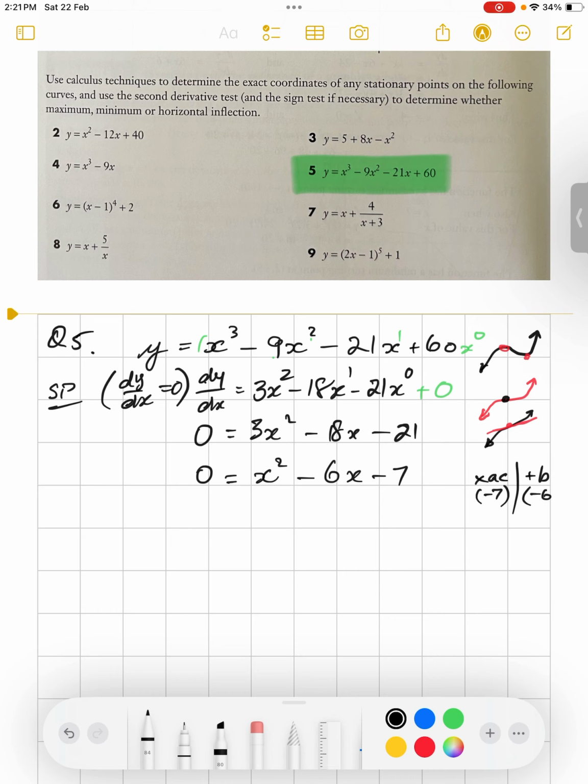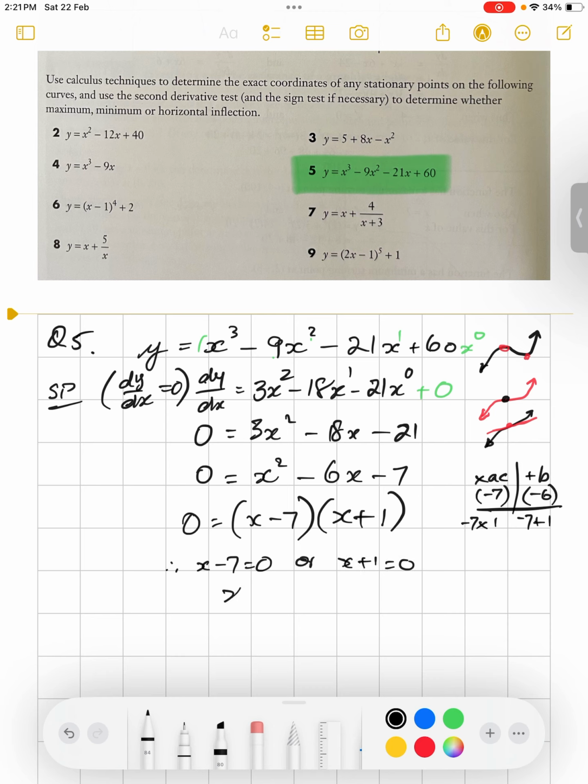B is negative 6. So those two numbers would be negative 7 times positive 1, negative 7 plus positive 1. So the two numbers are negative 7 and positive 1. Therefore, x minus 7 would be 0, or this other bracket, x plus 1 would be 0. Solving that, x is positive 7. Solving that, x is negative 1.